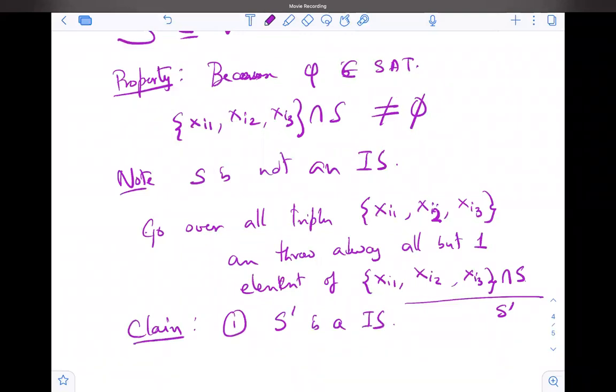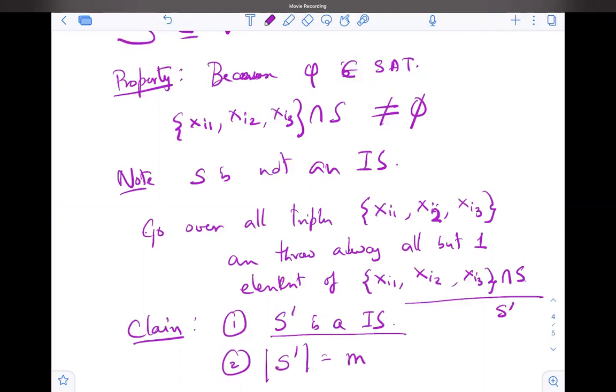Note that in every triple there is at most one now, and in fact every triple has exactly one, because there is everything. So what is the size of S prime? It is exactly equal to M. Every triple has exactly one. And now why is it an independent set?